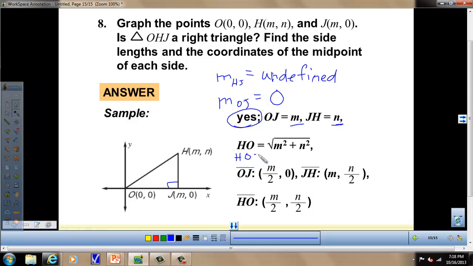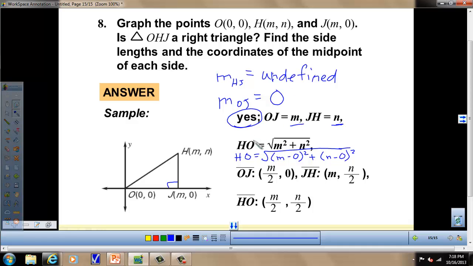HO would be the square root of M minus 0 squared plus N minus 0 squared, and of course M minus 0 is M, so that would be M squared, and N minus 0 is N, so it would be N squared, so that would be our length.